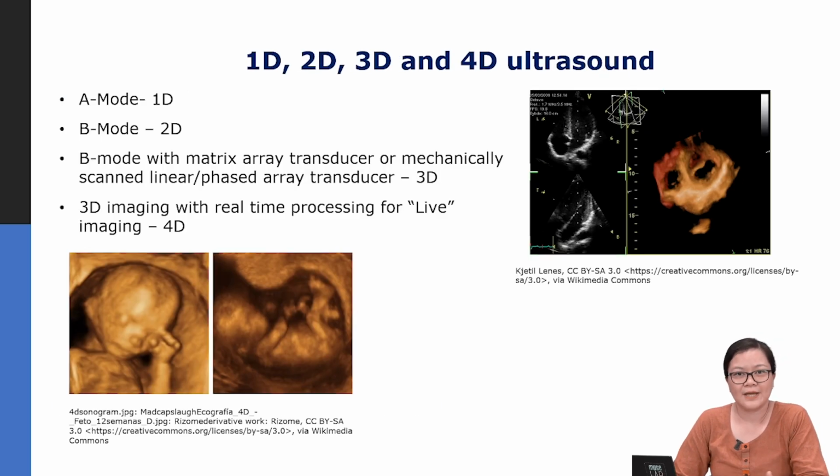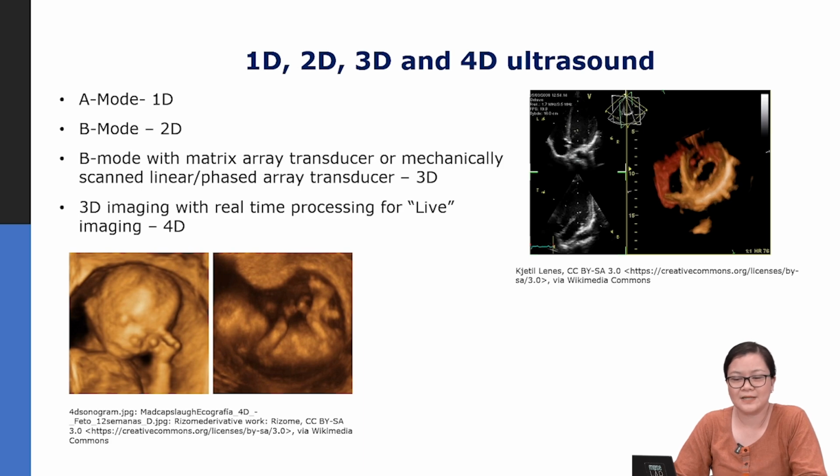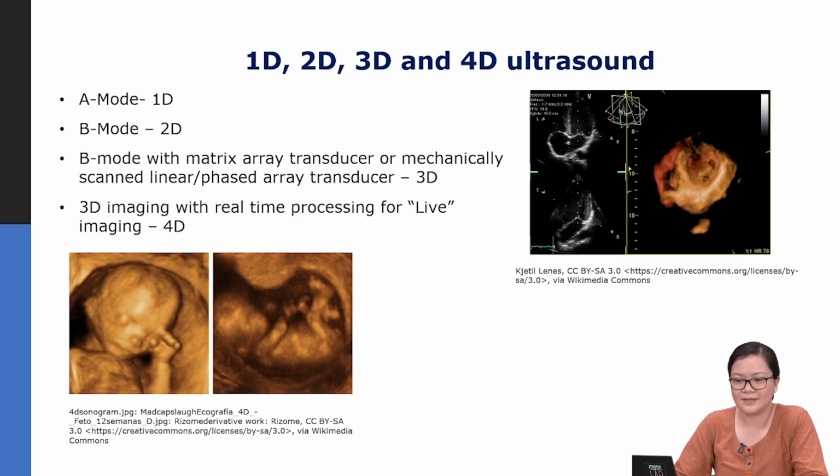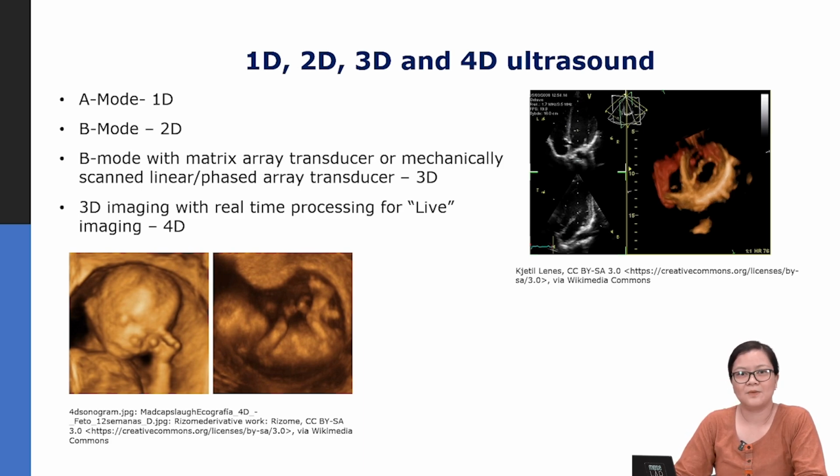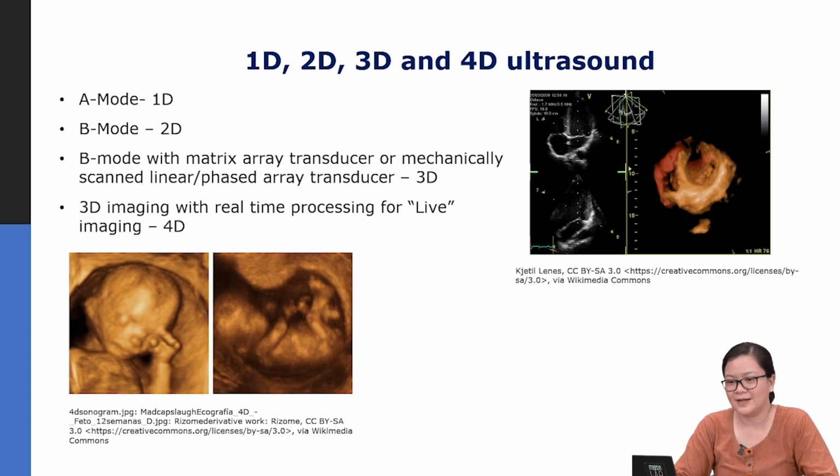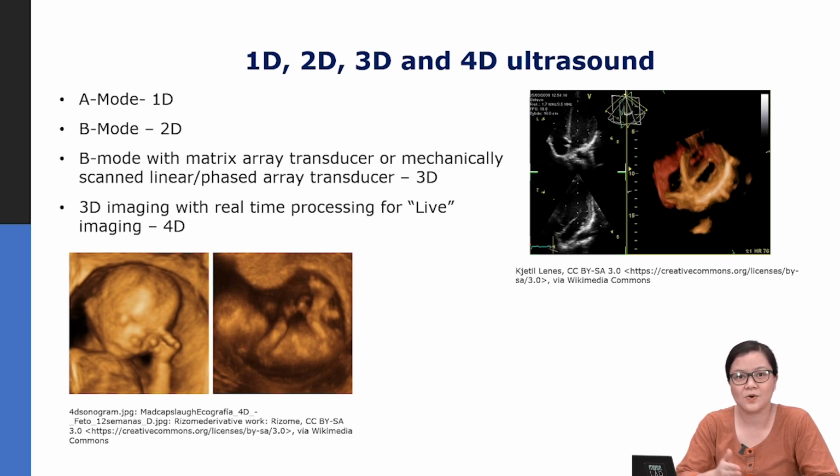Now we've talked about A mode. A mode typically gives a one-dimensional signal. And we talked about B mode, how B mode is a stack of A mode lines together to stitch into one 2D image. Now we can also, if we use a matrix array transducer, or if we use a linear or a phased array transducer and we mechanically scan that across a 3D volume of interest, then we get what's called 3D ultrasound.